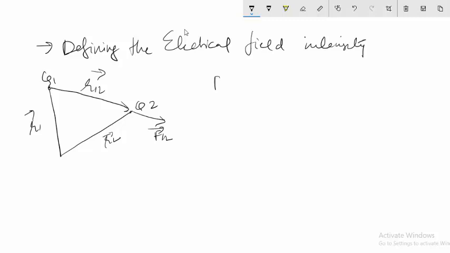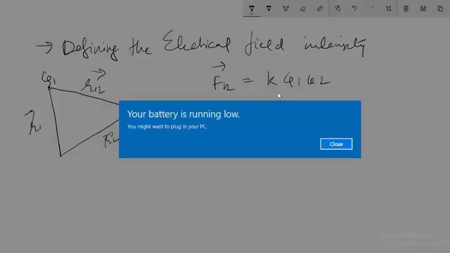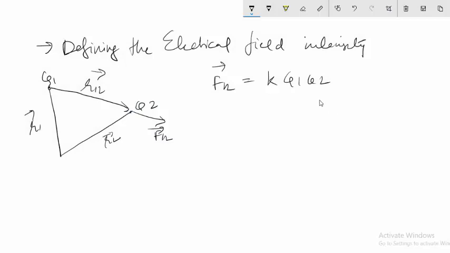So the equation was F12 is equal to K Q1 Q2 divided by r12 whole square, and the unit vector r12.